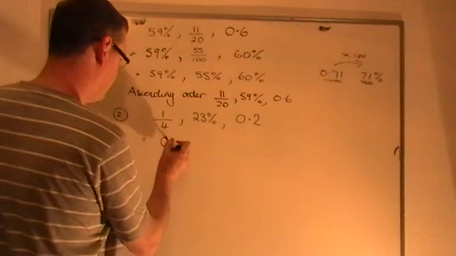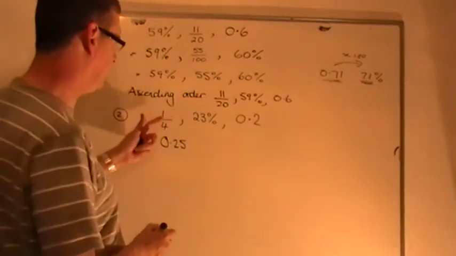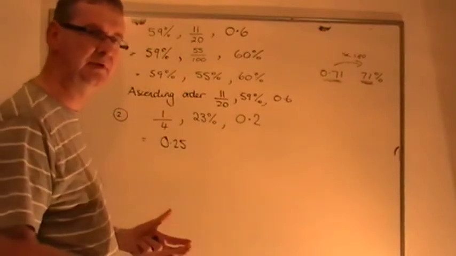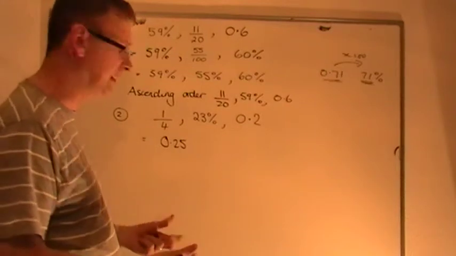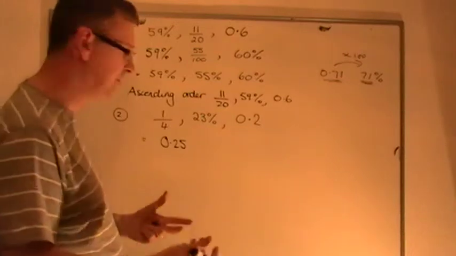So that's 0.25. You might say, let's say it's paper 1 and you don't know how to do 1 divided by 4 in your head, and you have no calculator. What would you do?